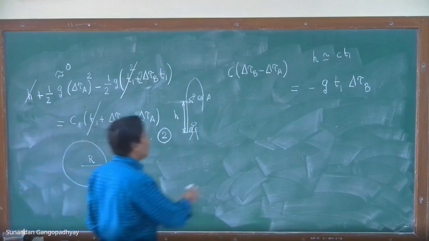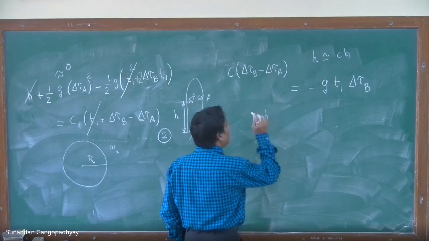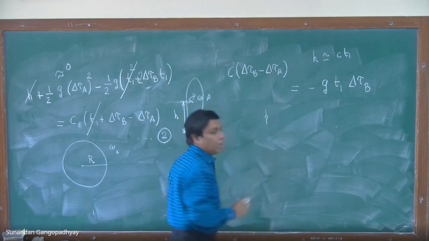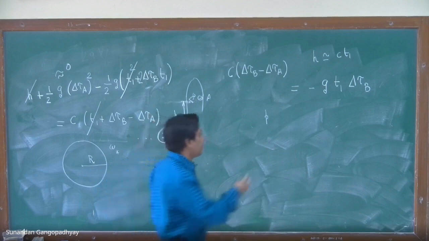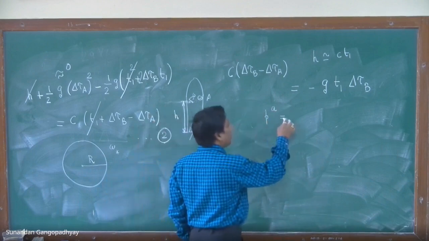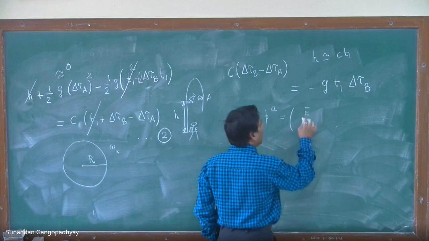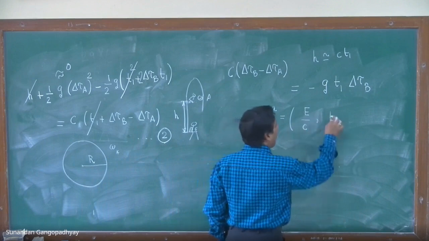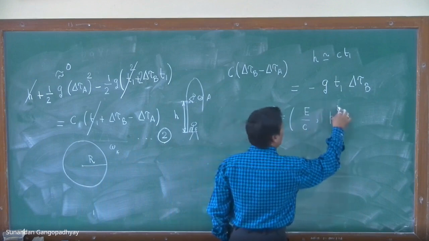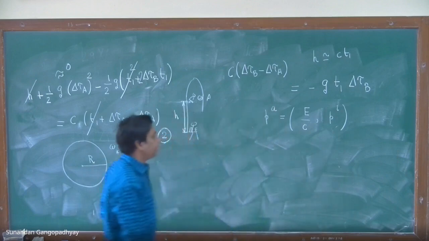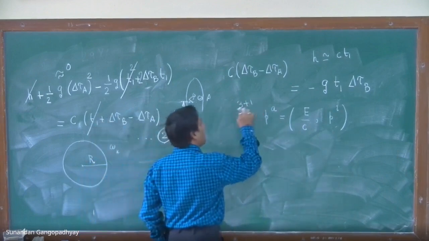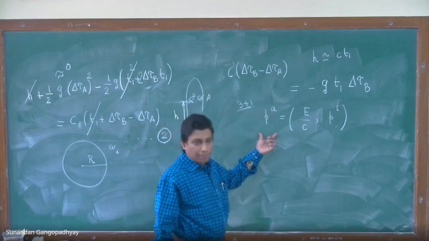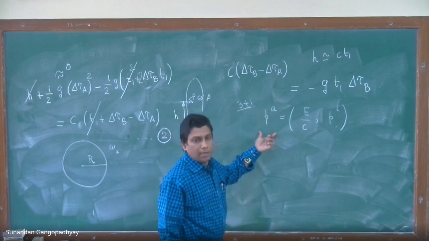In special theory of relativity, if you recall, how do you measure the energy of a particle? In 3+1 dimensions, this is the 4-momentum of the particle.